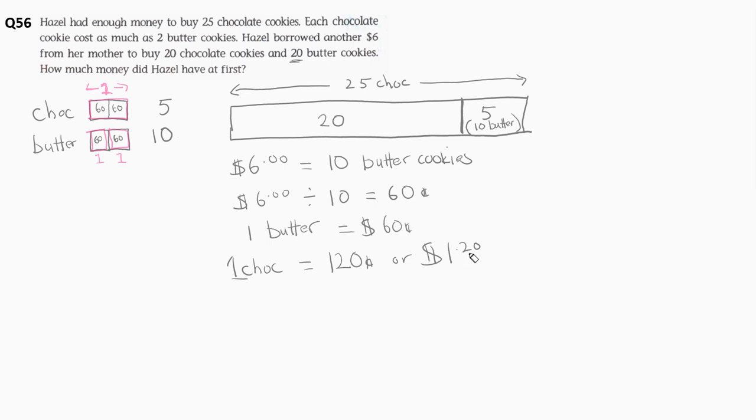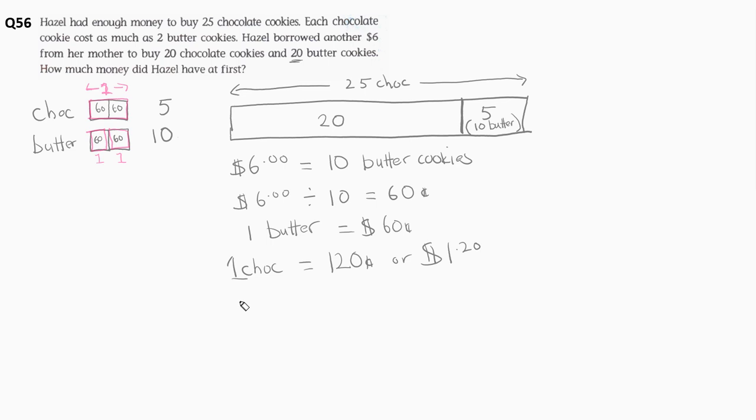I think we're getting closer. Let's go back and figure out what our question is. It's how much money did Hazel have at first? Well, we were told the amount of money in terms of chocolate cookies. We've got a cost for chocolate cookies now, so we can simply multiply 120 cents or $1.20 by 25.